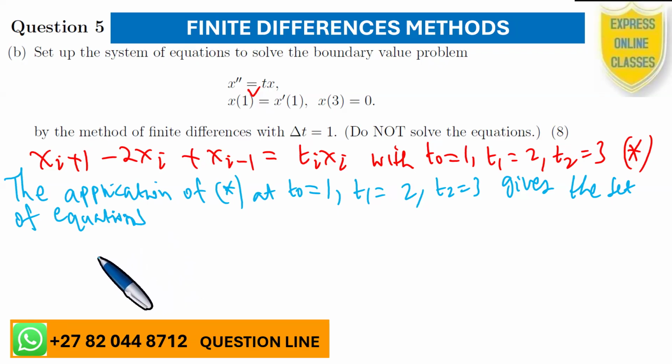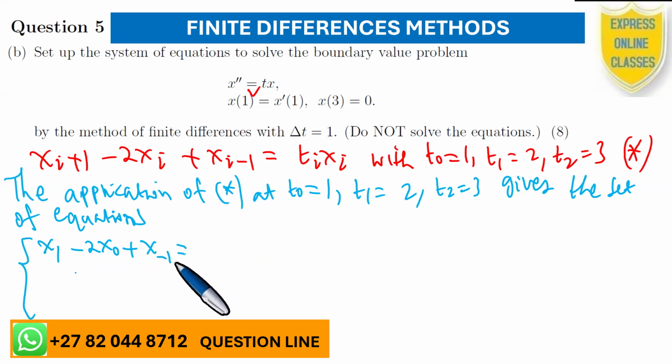Let us give the equations. When i is 0, you would have x1 minus 2x0 plus x minus 1 equals t0 x0.